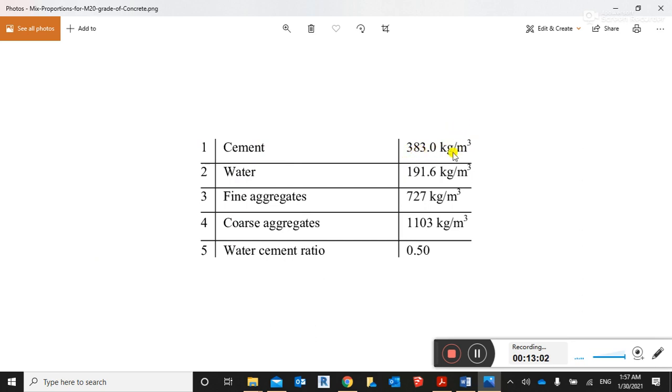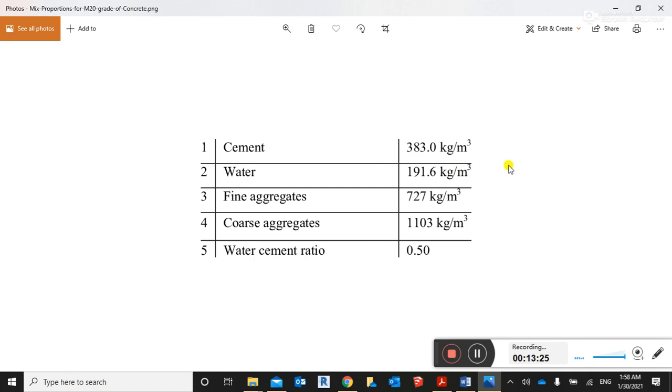For the concrete mixture of cement, sand, aggregate and water, for 1 cubic meter of concrete you have to add 386 kg of cement. The amount of water should be 191.6 kg per cubic meter.